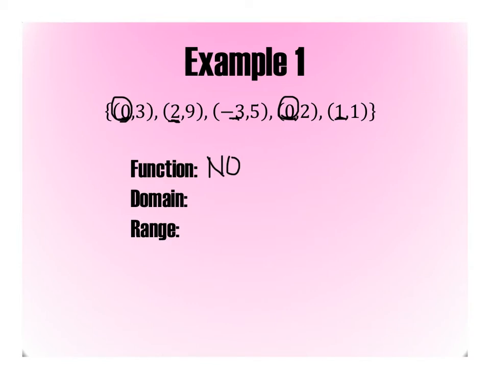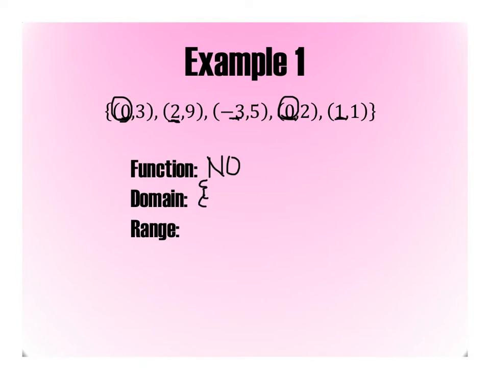Now, if they want us to write the domain, the way that we write the domain is we put the fancy braces. I'm not doing a very good job of writing those today. And then we put all of the X values in numerical order. And if there are any that are repeating, we don't write them twice, we only write them once.